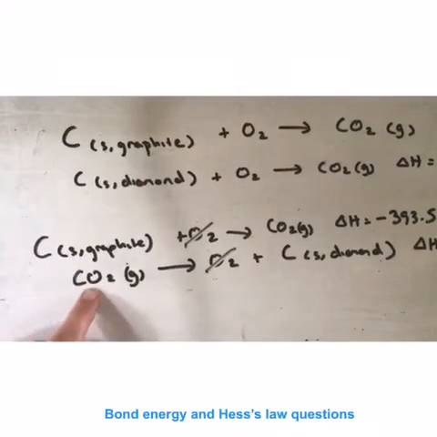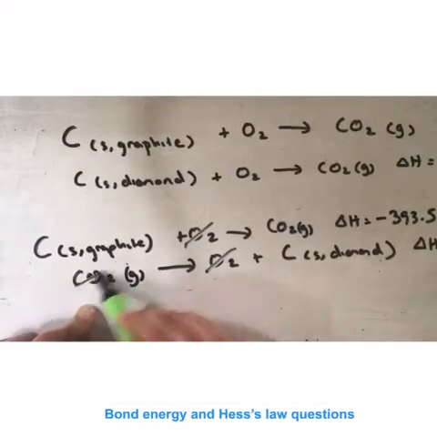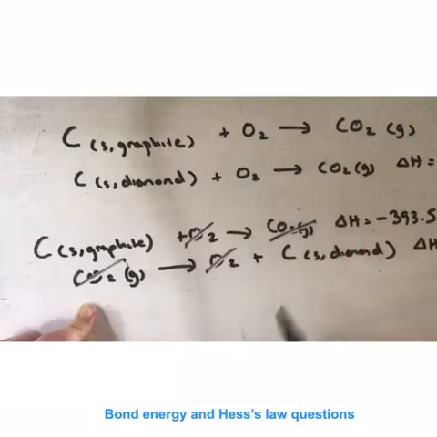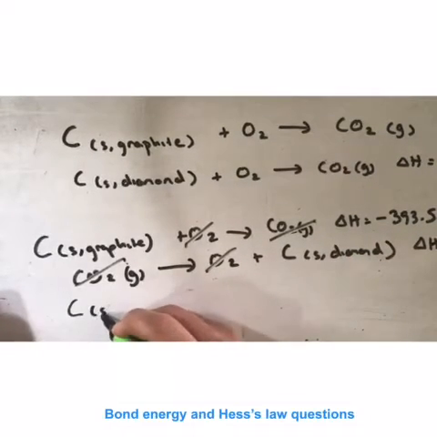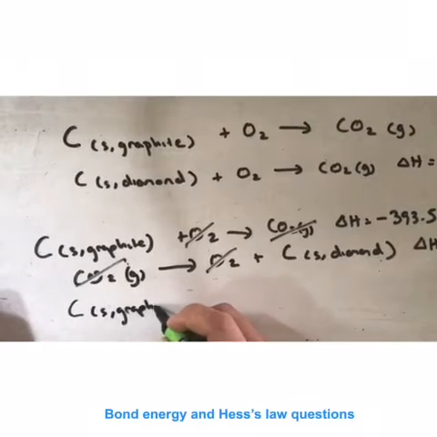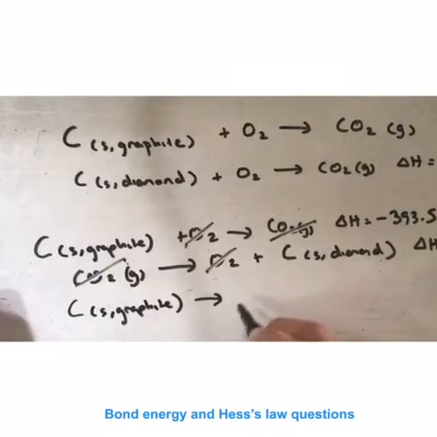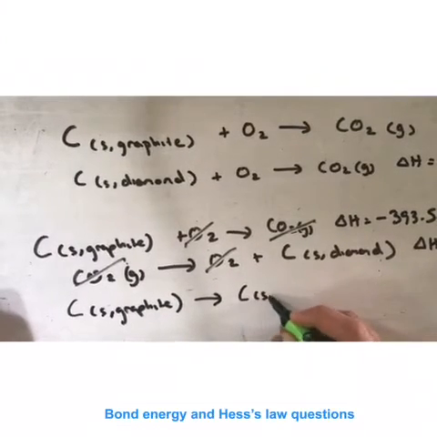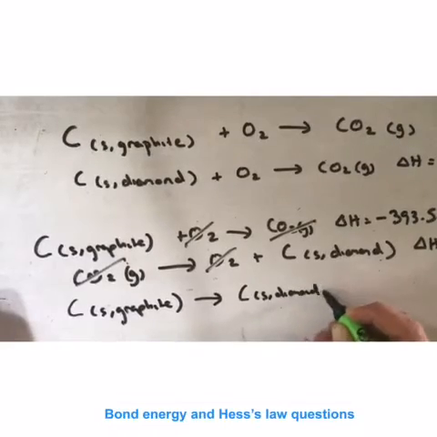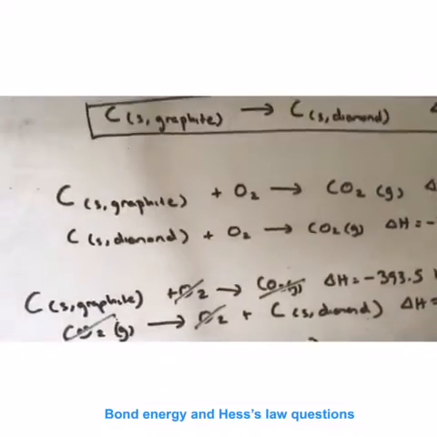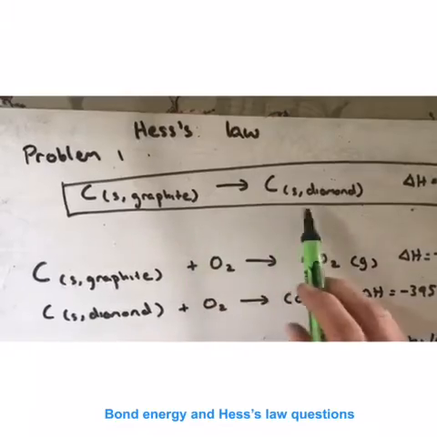Is there anything else that appears on opposite sides of the arrow? Yes, carbon dioxide can be cancelled off. So now we just add up what's left. So C(s) graphite, arrow, C(s) diamond. And so that's exactly the equation that we're looking for at the start.